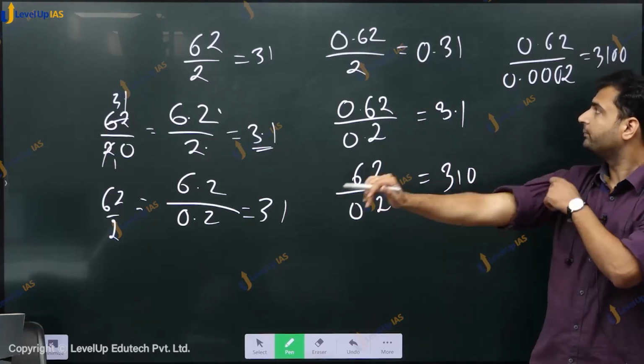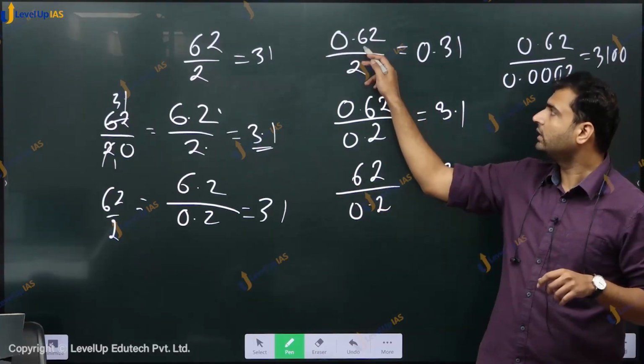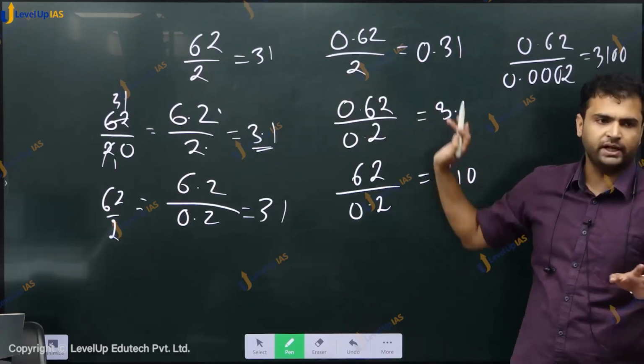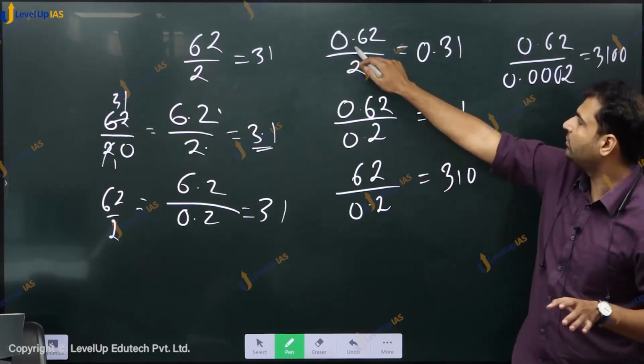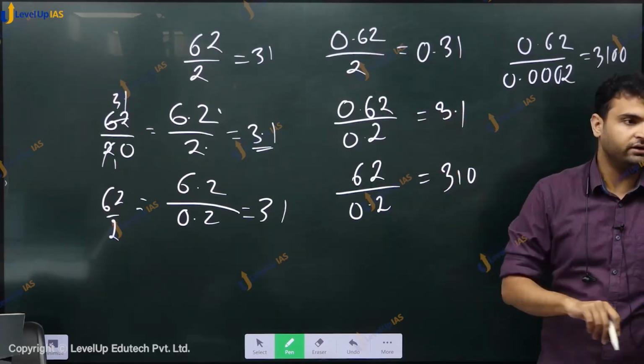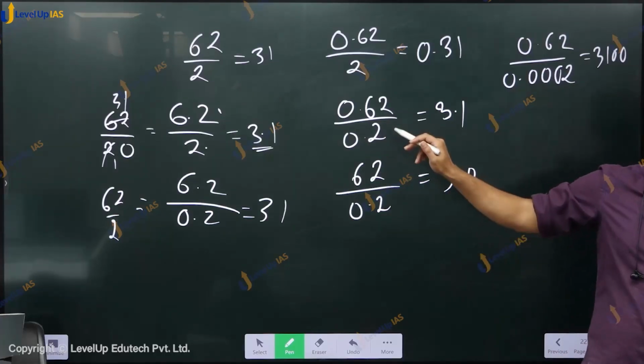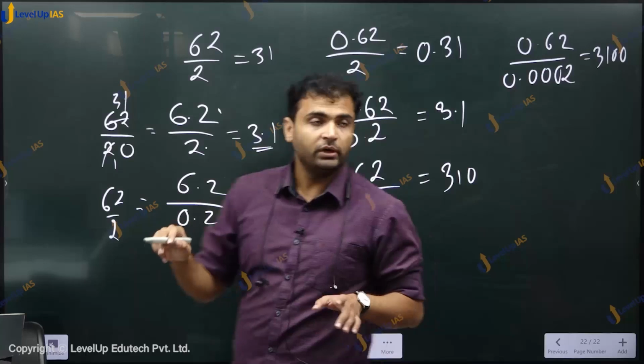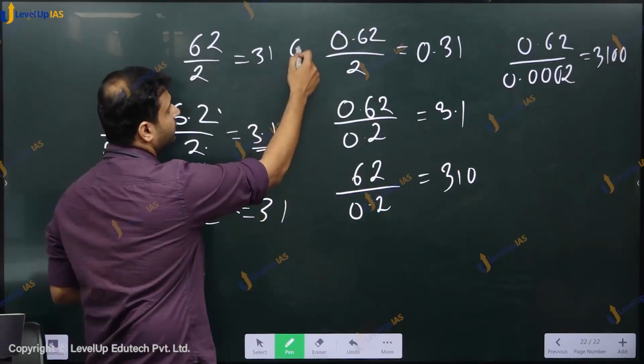Let us come here. Here in the numerator you have 2 numbers after decimal. Here you have none. So you have to multiply numerator by 100 to get rid of the decimal, right? So you multiply it by 100, you get 62.